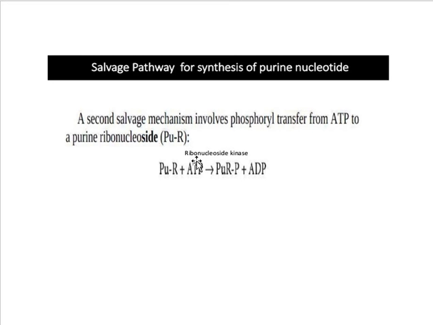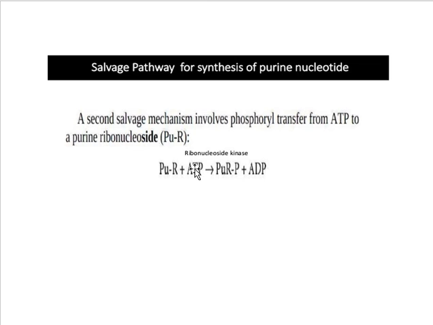kinases, ribonucleoside kinase. In this reaction, we see that this is the purine nucleoside, in which PU is the purine base and R is the ribose sugar, that is the nitrogen base plus sugar is the nucleoside. It reacts with ATP.